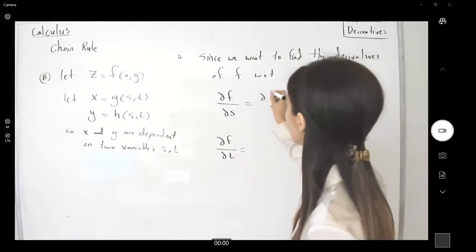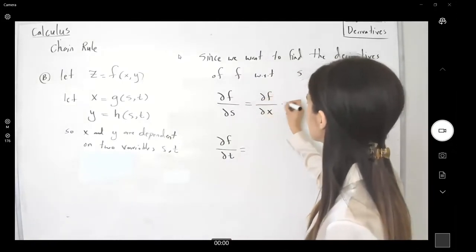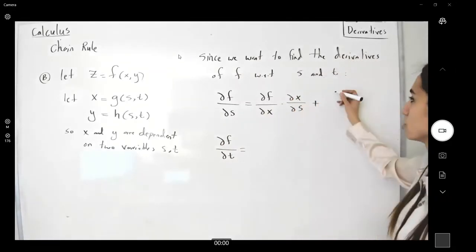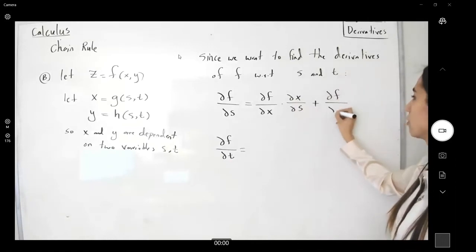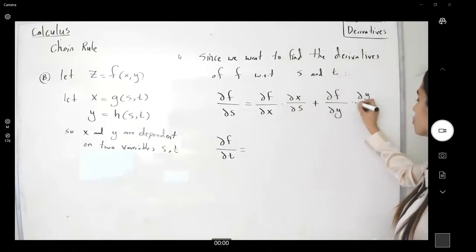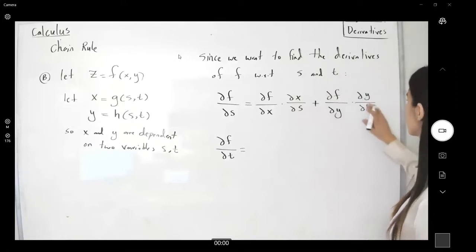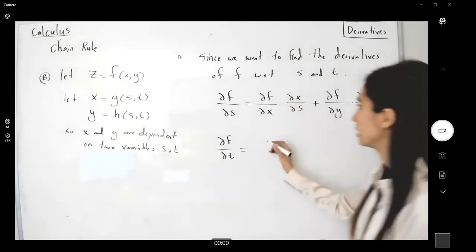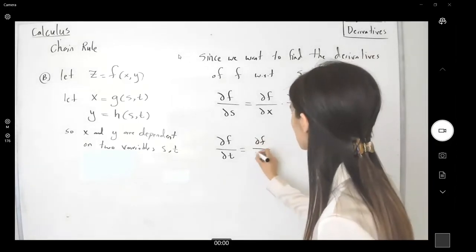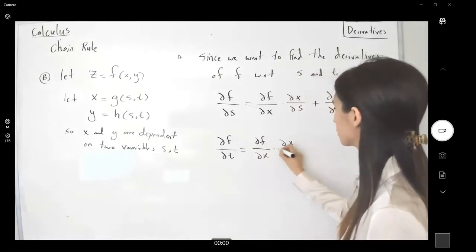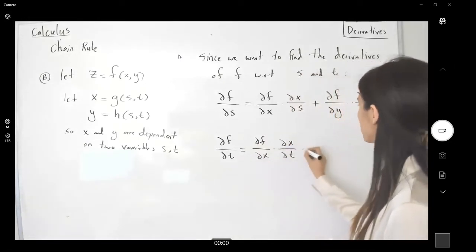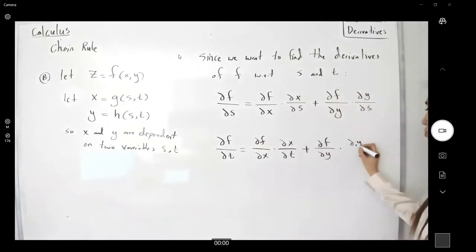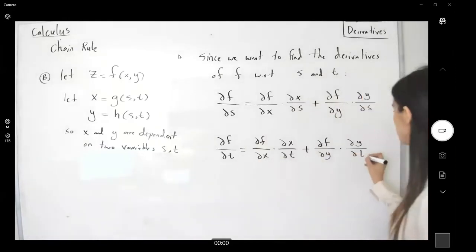Here you take the partial derivative of f with respect to x times the partial derivative of x with respect to s, plus the partial derivative of f with respect to y times the partial derivative of y with respect to s. Then you move on to t. The partial derivative of f with respect to t is the partial derivative of f with respect to x times the partial derivative of x with respect to t, plus the partial derivative of f with respect to y times the partial derivative of y with respect to t.